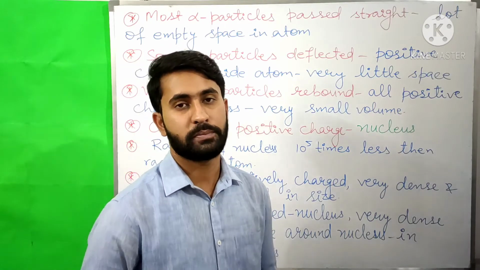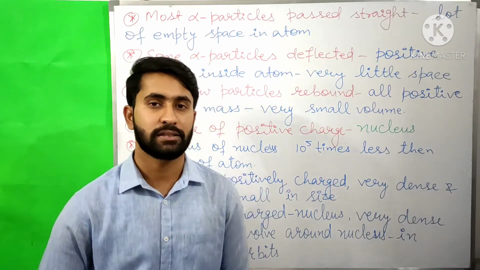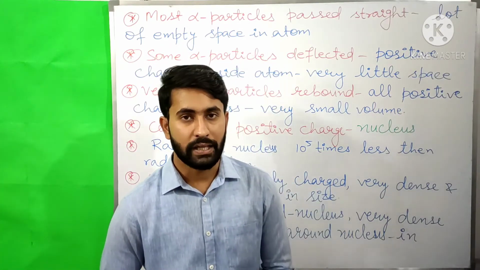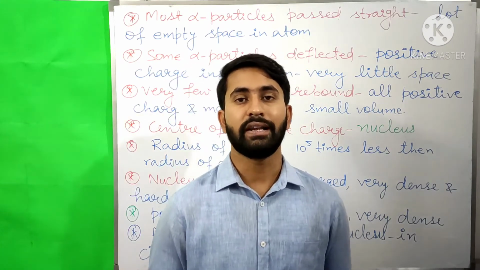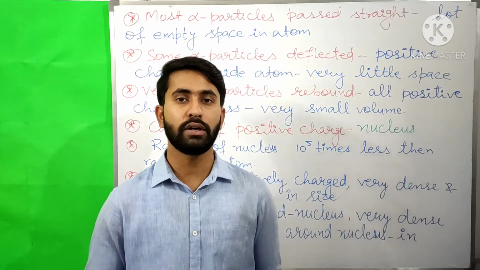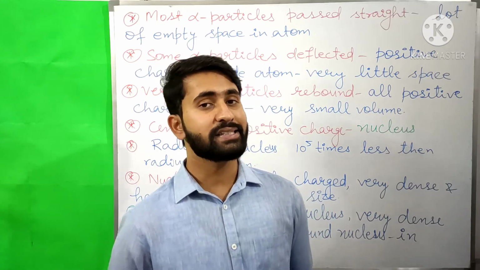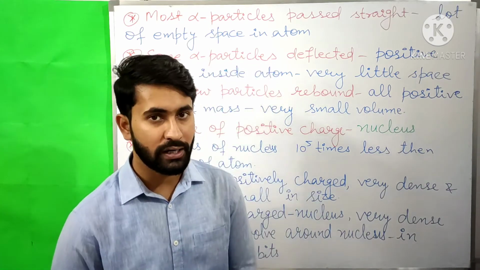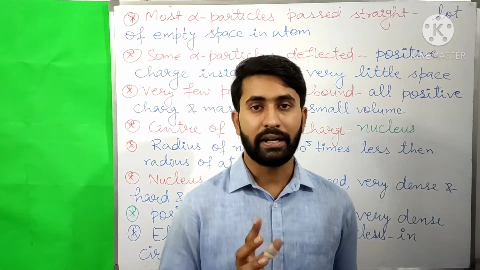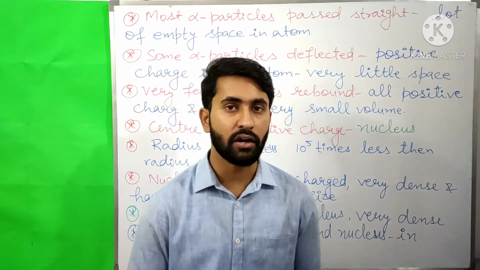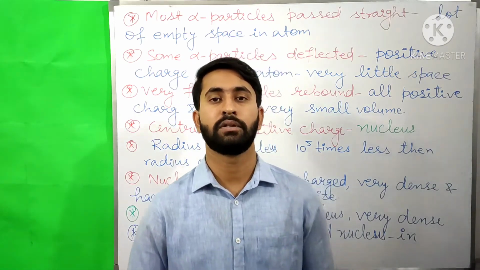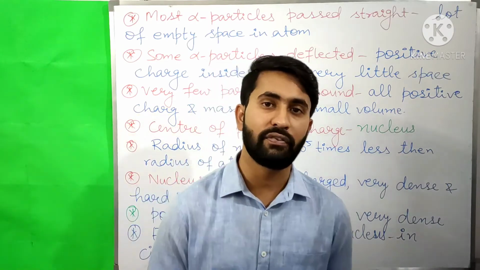Now these observations can be explained. We know that the gold foil is made up of gold atoms, and if these atoms were solid, then the alpha particles striking them should get deflected.